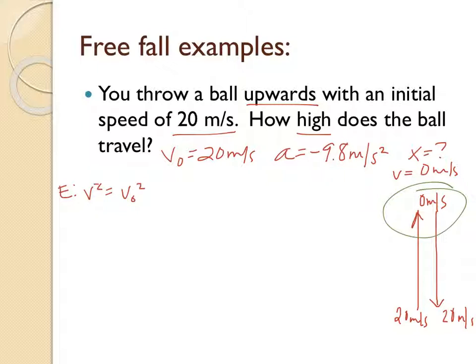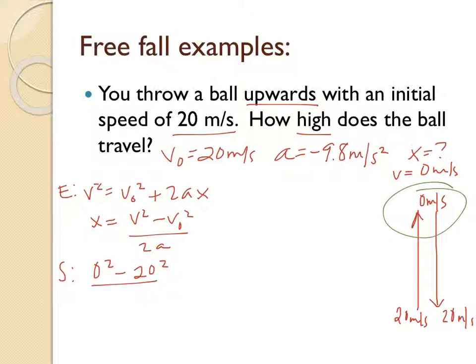V squared equals initial velocity squared plus 2 times acceleration times x. If we want to solve for x, that looks like v squared minus v0 squared over 2a. If we substitute, we're going to have 0 squared minus 20 squared over 2 times negative 9.8. Does it look like our negatives are going to cancel out?